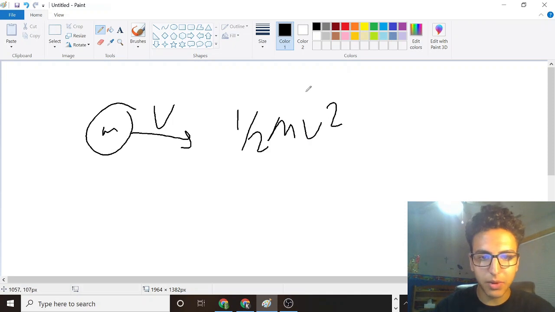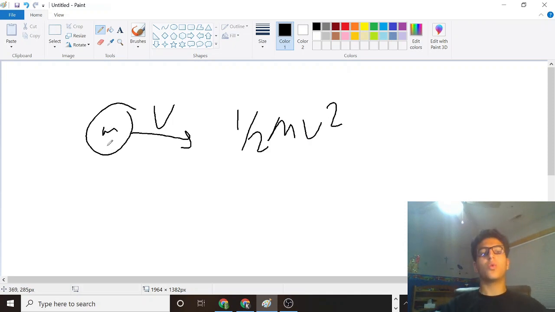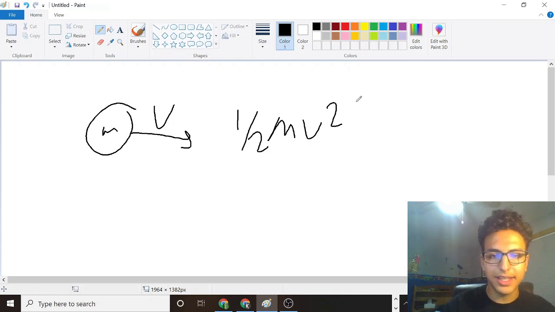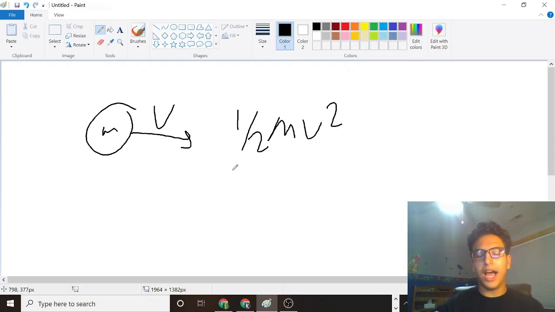Okay, so what does this 1/2 mv squared mean? Well, the ball is moving, and this is a measure of how much it's moving. So if you have a smaller mass, it has less kinetic energy. It has less energy in motion. All right, and a larger mass has greater energy.